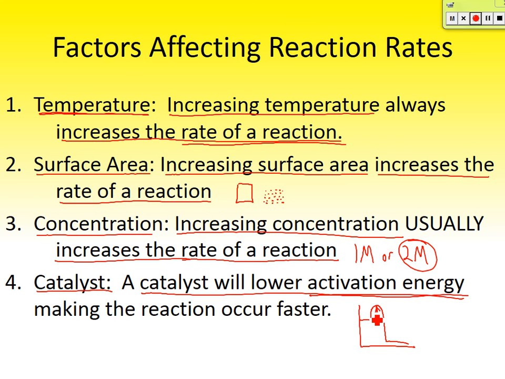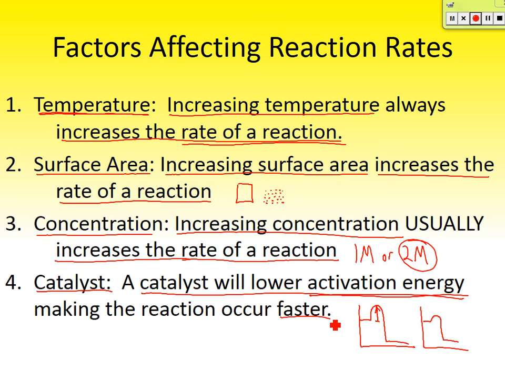The energy that these reacting substances must hit each other with in order to form the products. So what a catalyst will do is make that hill much smaller. And so now instead of having the reactants having to hit each other with a lot of energy, a catalyst can lower that amount of energy, and now there's more effective collisions that have enough energy and form the products, which makes the reaction happen faster.